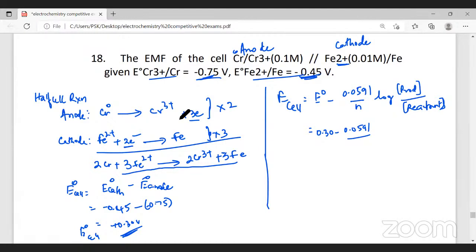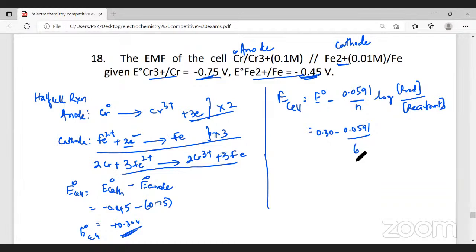There's no point in talking about valency here, because chromium has 3 electrons and iron has 2 electrons. Therefore, n is the total number of electrons involved in transfer. 3 into 2 is 6, here also 2 into 3 is 6. The electrons involved in the loss and gain are 6. Therefore, n is 6.